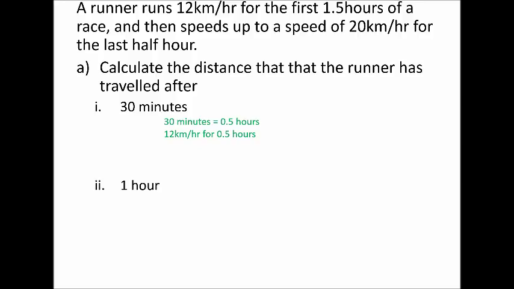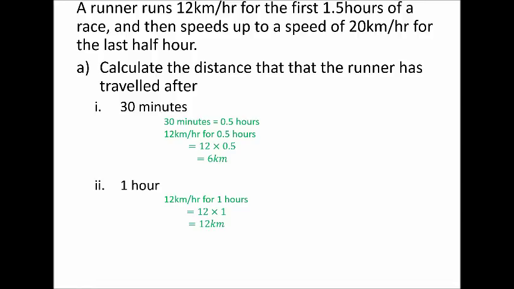So the calculation we do is 12 kilometers an hour times 0.5 hours tells us the runner has gone 6 kilometers. I encourage you to try part II yourself. Here they're traveling 12 kilometers an hour for 1 hour, which is 12 times 1. They've gone 12 kilometers. Fancy that.